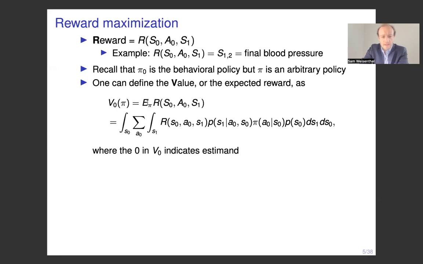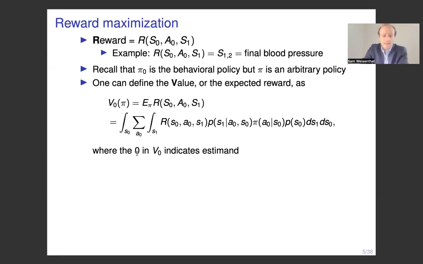This subscript pi is just to indicate the expectation is taken with respect to the policy pi. We're just writing out the expectation here to show how it depends on the policy pi. Indeed, we see the sampling distribution here, and we see that the policy pi appears here.